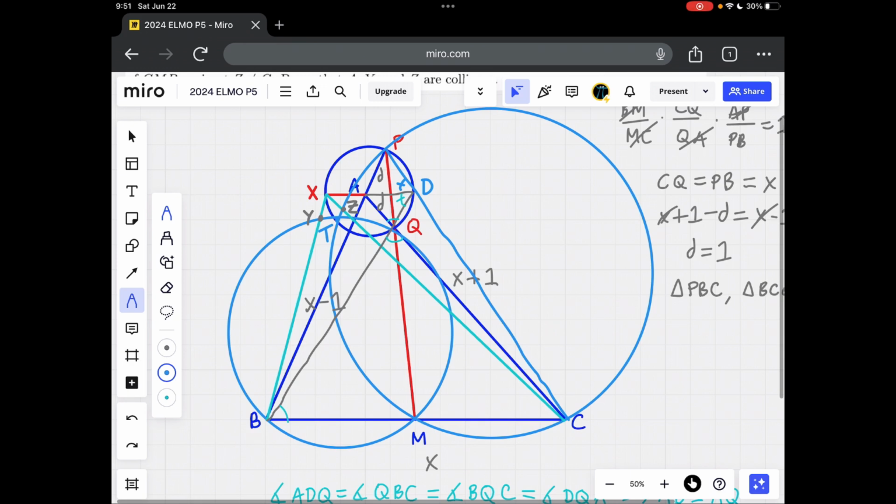And so point T, we can say that it lies on a fourth circle as well. And that's the circumcircle of XYZ. I'll draw that in red.